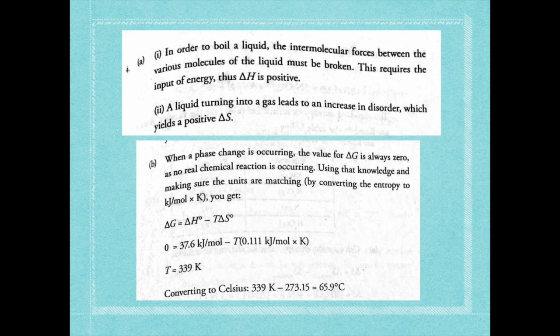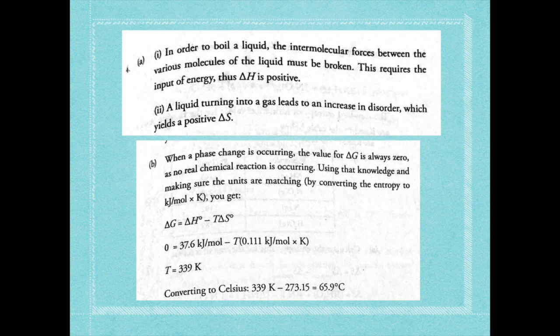What is the melting point of methanol in degrees Celsius? Well, to figure out your boiling point, remember your delta G has to be 0 when you have a state change because you're at equilibrium. So I'm going to use my Gibbs free energy equation. I know my delta G has to be 0 because I'm at equilibrium. My delta H was given to me as 37.6, and my entropy change is 111.